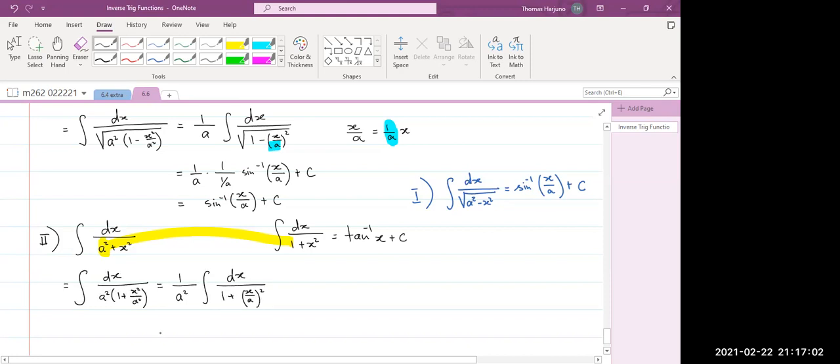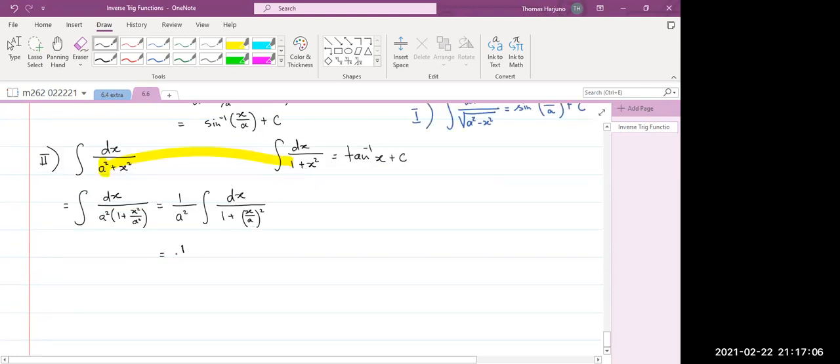The same idea with what we did before. This is equal to 1 over a squared, the coefficient we already have at the front, times the reciprocal of the coefficient times tangent inverse of x over a, don't forget plus constant.